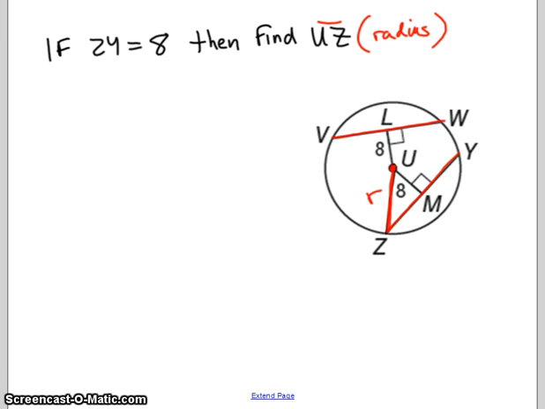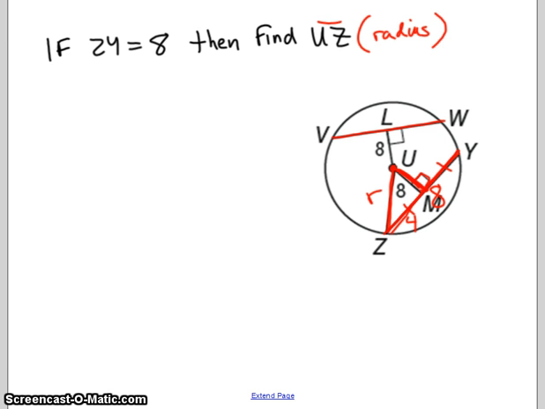Well, we know that this distance is 8, and we know the chord is also 8. Now, it may not look like it, but so be it. We know that this is perpendicular to our chord, therefore our chord is bisected based off our second rule. So this right here will be 4.